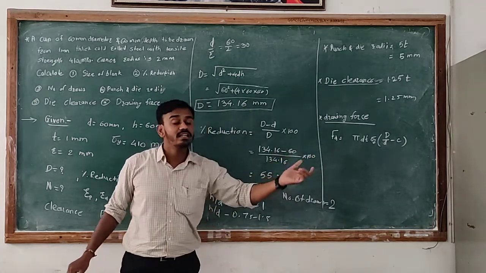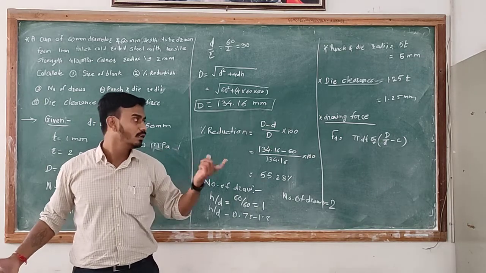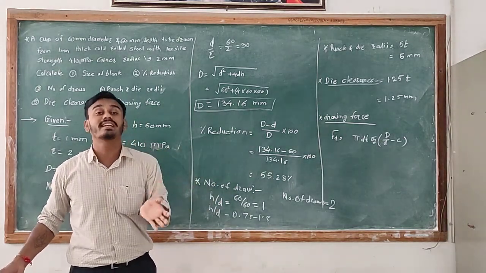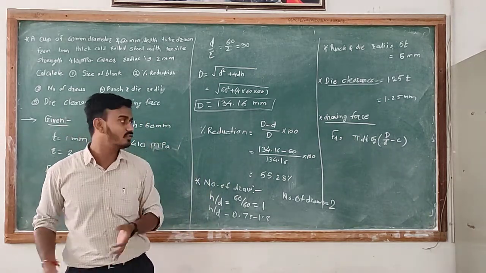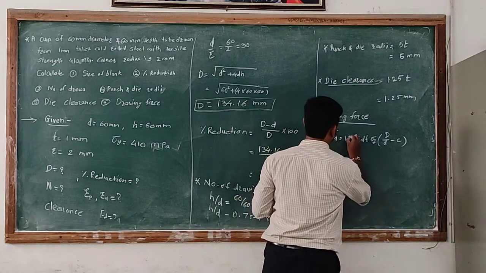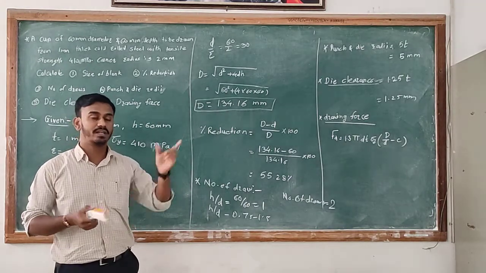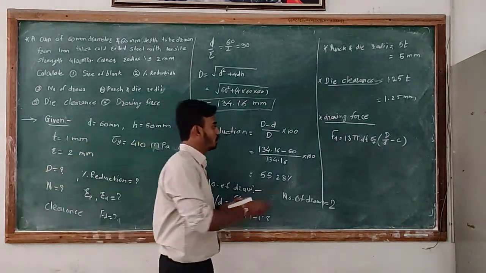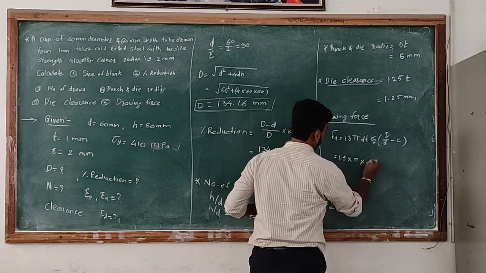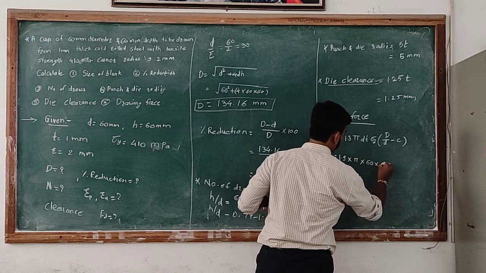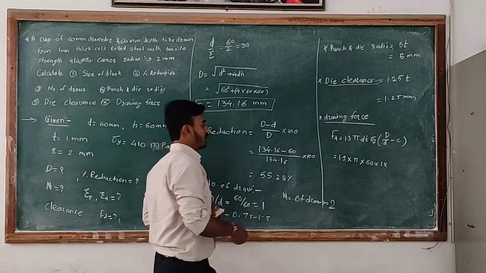This formula is used when we do not consider the friction and bending of the material, but for practical purposes we need to consider them. So the value is 1.3 times pi d t sigma y (D/d minus c). Here it is 1.3 into pi into d is 60, t is 1, sigma y is given as 410.